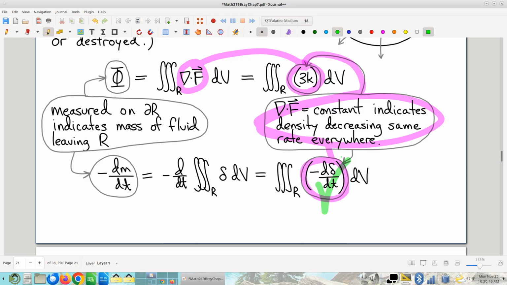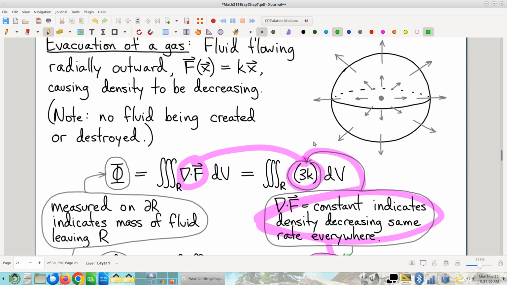And again, if we've got this integral going all the way around equal to this integral, you have two integrals that are equal. That means their integrands have to be equal. So divergence, apparently, is the rate of decrease of density of gas wherever you might be computing it. And so the interpretation then is that this vector field representing this expansion of gas, in the process of following this vector field as the gas expands, the rate that the density is going down is the same everywhere inside of the ball.